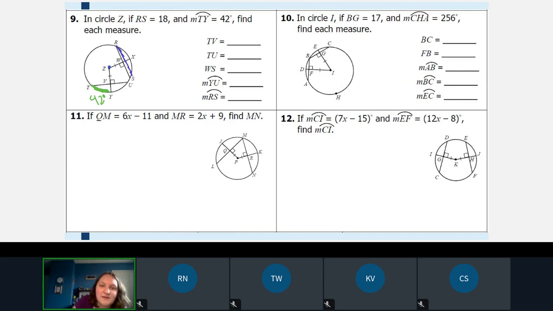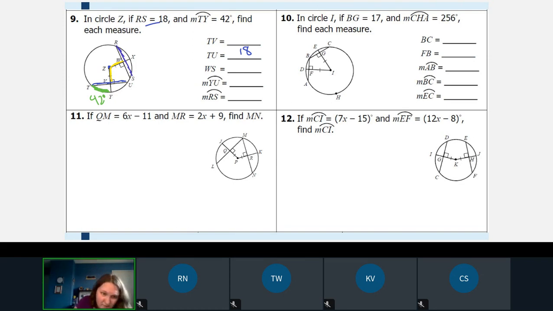All right, well, I see in my picture that ZW is congruent to ZV. And so since ZW is congruent to ZV, that means that the chord RS is congruent to chord TU. So TU has to be 18, since RS is 18. Right, that's nice.